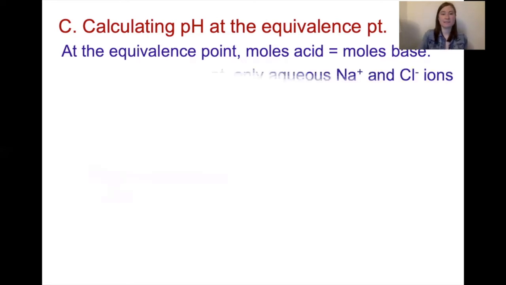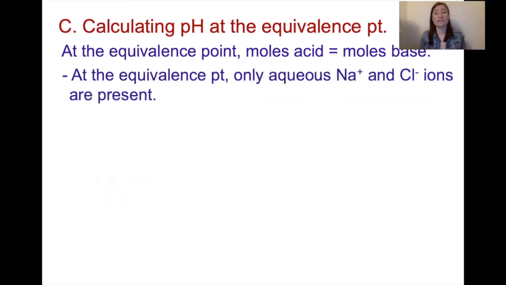So that means the only things present, essentially, are the anion and cation that came from the acid and the base, the conjugate base and the conjugate acid. In this case, we were reacting a strong acid and a strong base. So the conjugate of a strong acid, Cl minus, is essentially not basic at all, right?